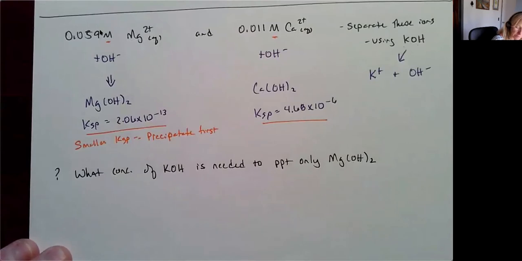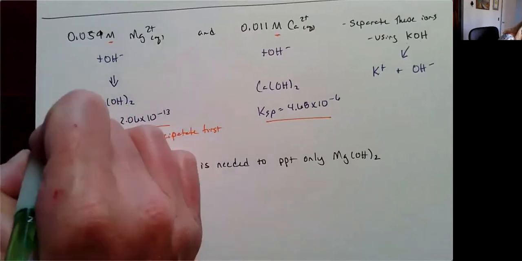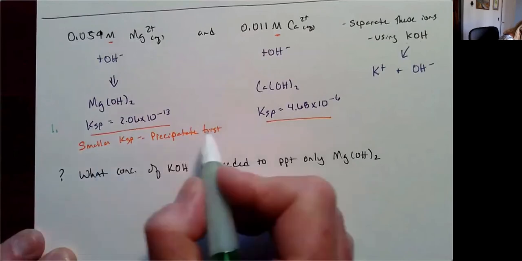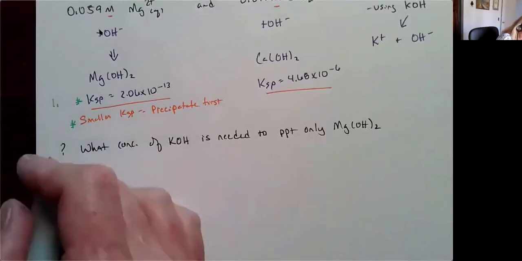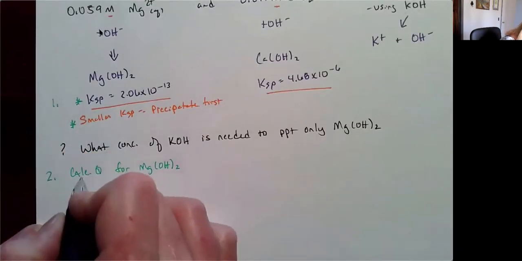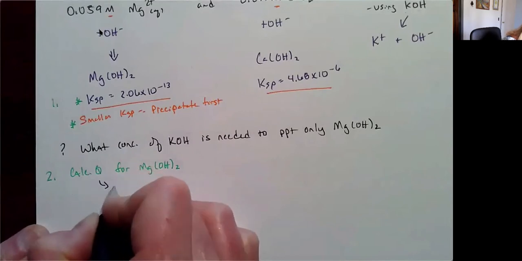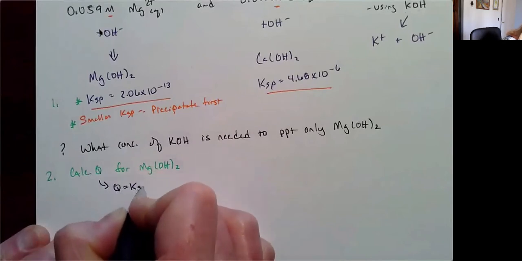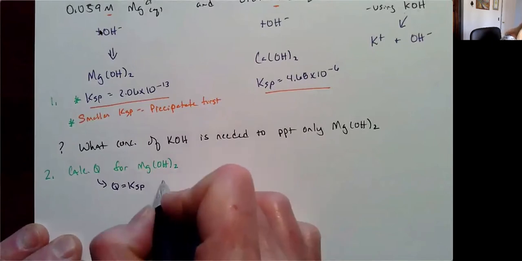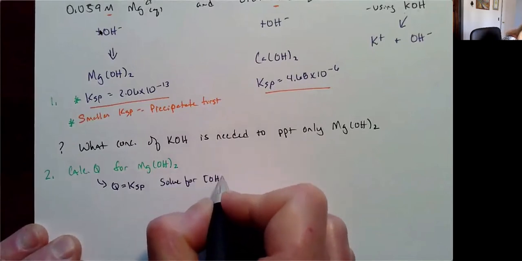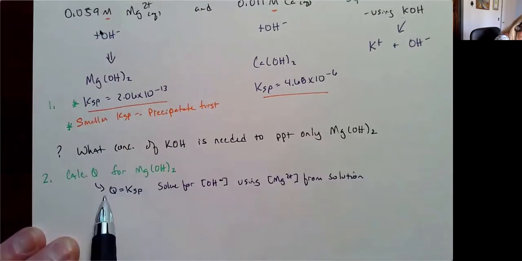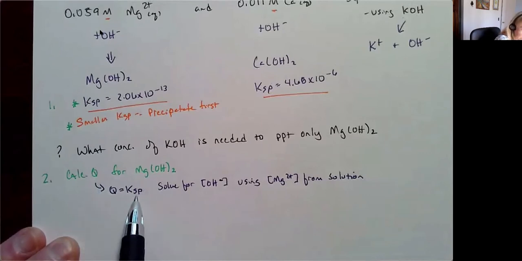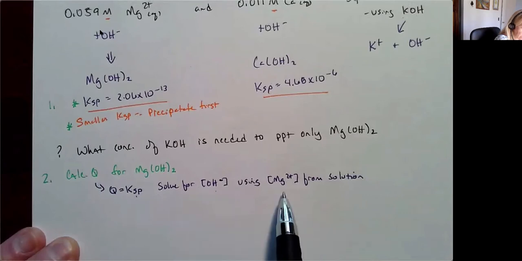All right, so the first step, which I've already done, is I'm going to find my KSPs here and determine which one is going to precipitate out first. So that was my first step. My second step is I'm going to use Q in a calculation, and what I'm going to do is set Q equal to KSP and then solve for hydroxide ion concentration. I have the magnesium concentration from up here. I'm going to set Q equal to KSP and solve for hydroxide ion concentration using my magnesium.